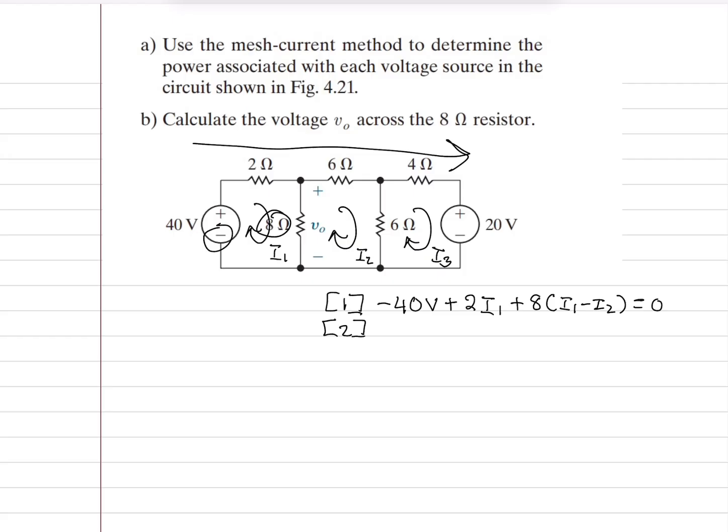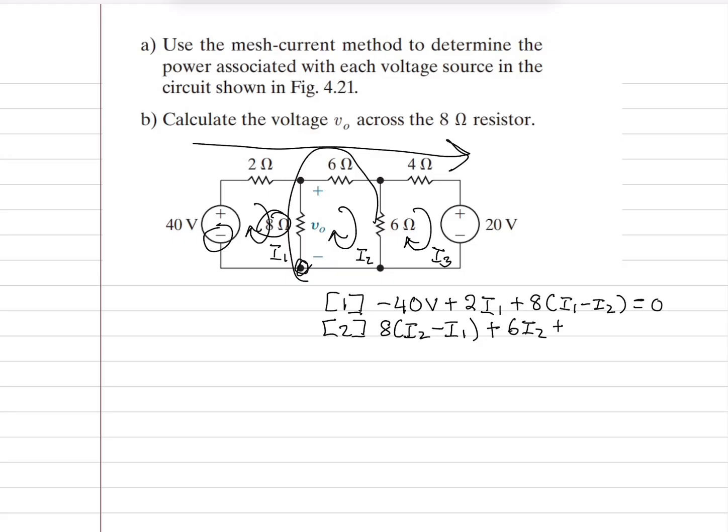And then we're going to move on to the second mesh. I'm going to start here. So I'm going to have 8 ohms multiplied by I2 minus I1, added to 6 ohms multiplied by I2 again, since that's the only current attached to that resistor.